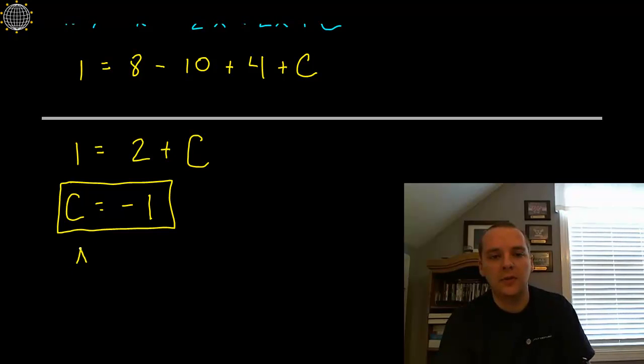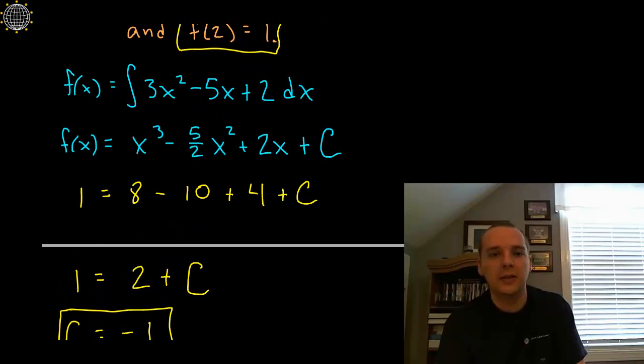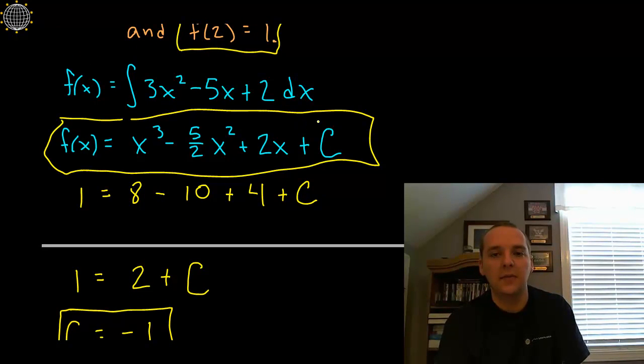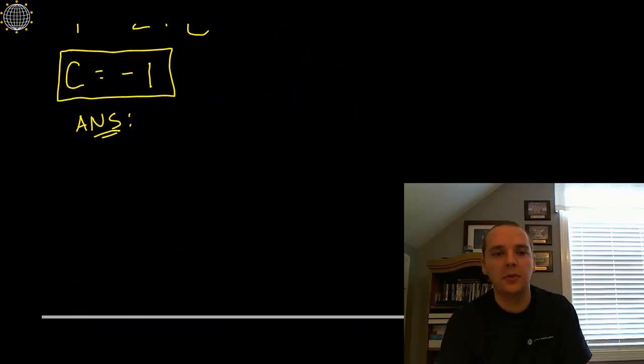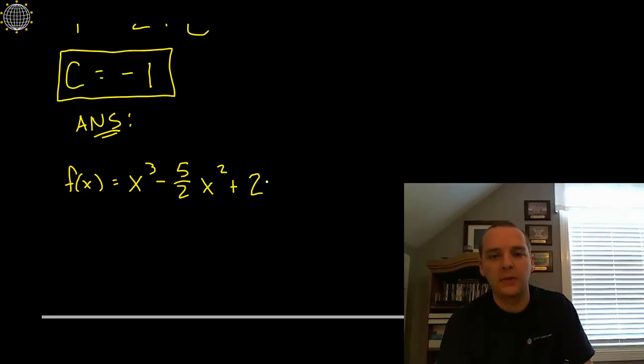All right, now what do we do with this? Well, we use it to write our final answer. It was basically little f up here, only at the time we did not know what the plus C was. Well, we just found it. Okay, so our final answer would be little f of x equals x cubed minus 5 halves x squared plus 2x minus 1, and the reason I know this is correct is it satisfies all the conditions.